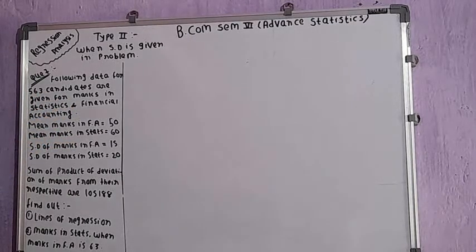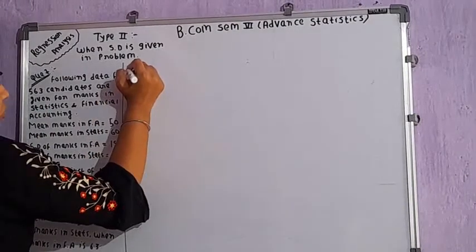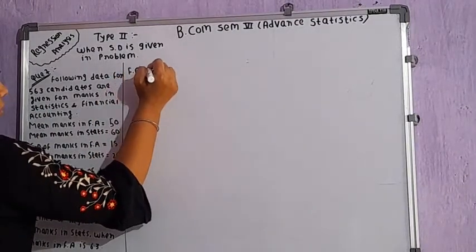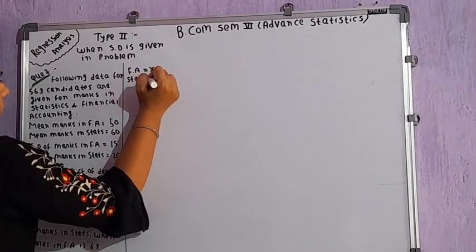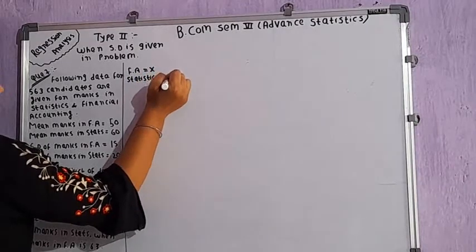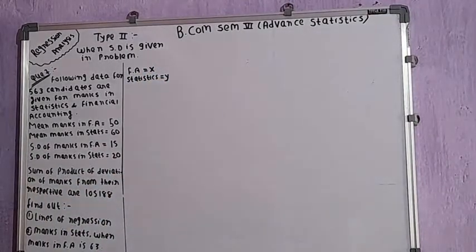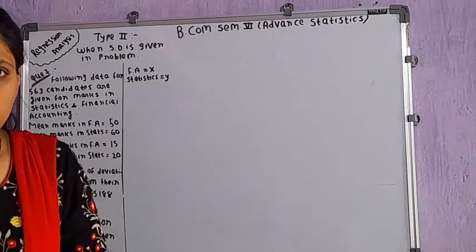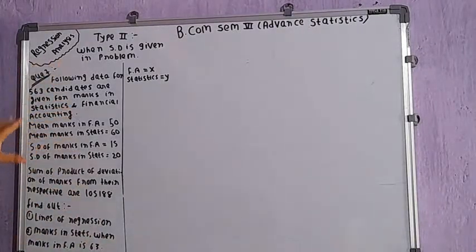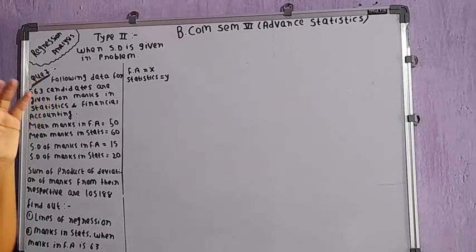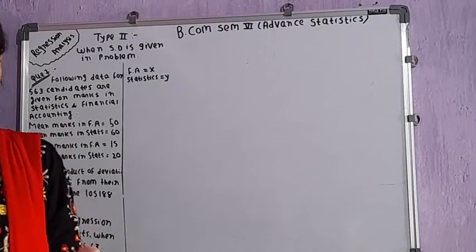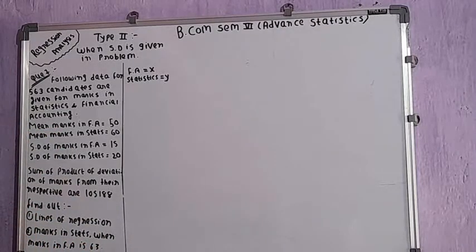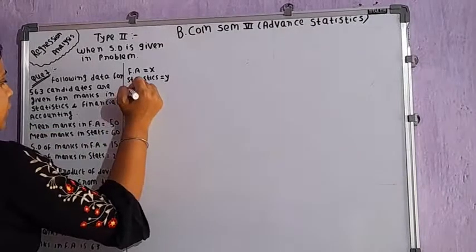Here we will consider financial accounting as the X variable and statistics as the Y variable. What is the meaning of N? N means the number of observations, number of items. So N is equal to 563.